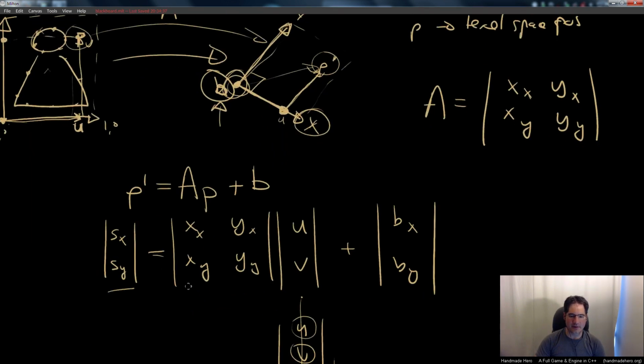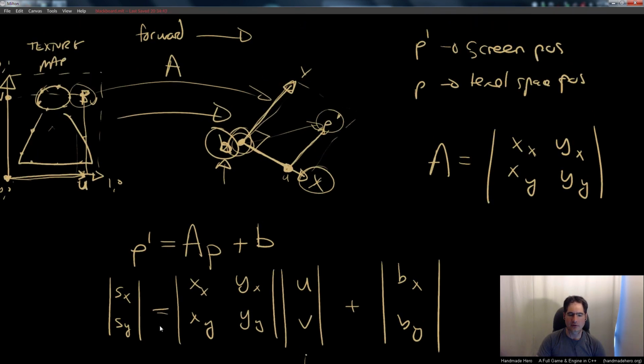But this is not an operation that we ever actually do, right? It's just not an operation we do. We never have to, in Handmade Hero, at the moment anyway, take a point in texture space and map it onto the screen. Because remember, the way we do our texture mapping is we just loop over the pixels and we try to figure out where in the texture map each pixel came from.